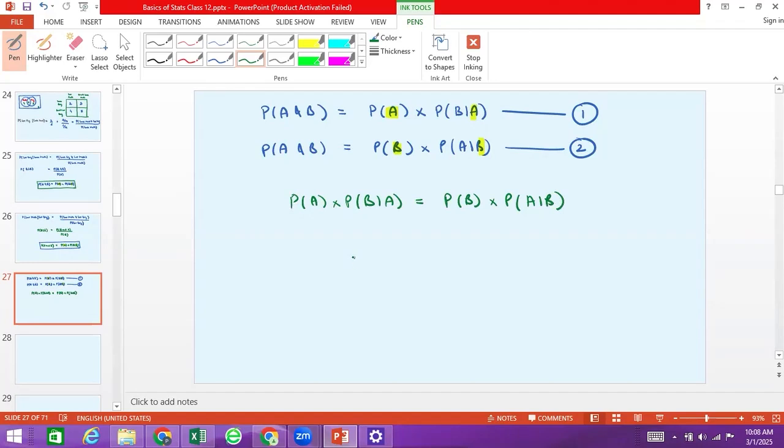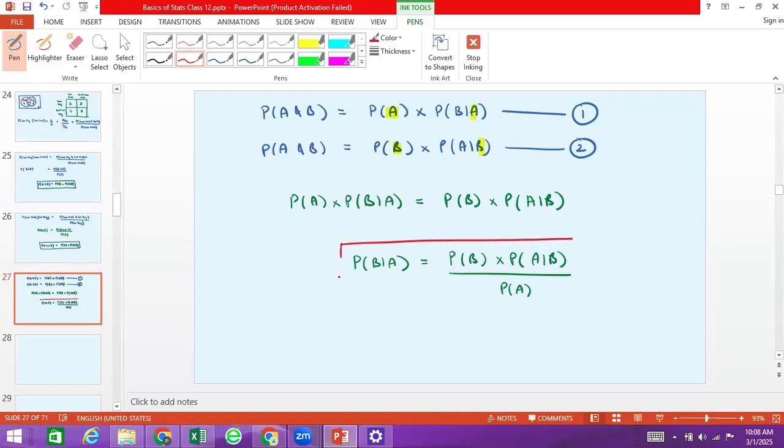Which I can rewrite as probability of B given A is same as probability of B multiplied by probability of A given B divided by probability of A. Okay, and this is a very famous equation called Bayes theorem.